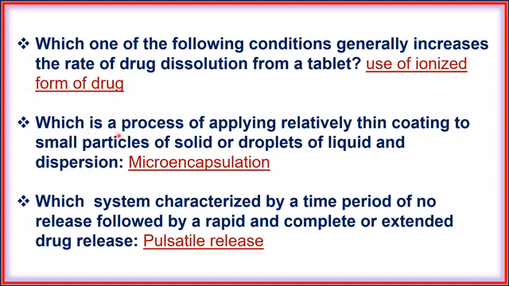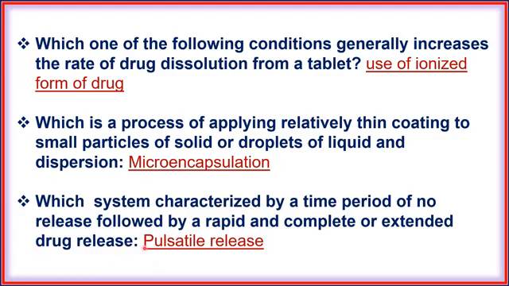Next, which is a process of applying relatively thin coating to a small particle of solid or droplet of liquid and dispersion? Microencapsulation. Next, which system is characterized by a time period of no release followed by a rapid and complete or extended drug release?